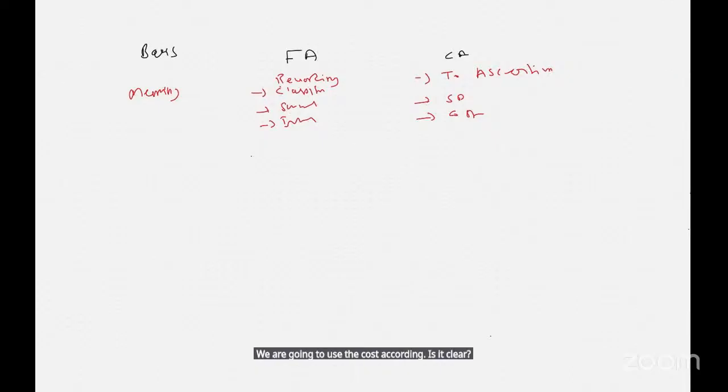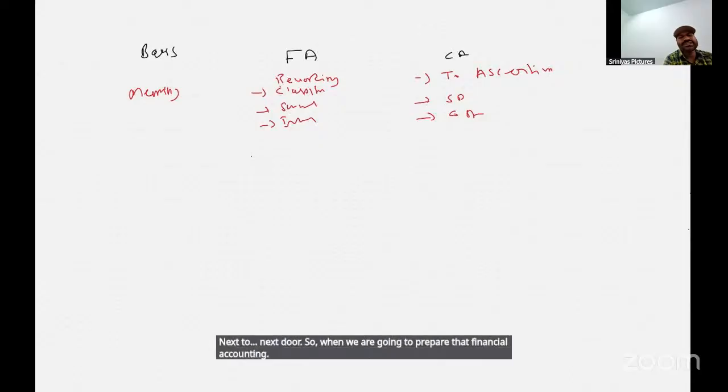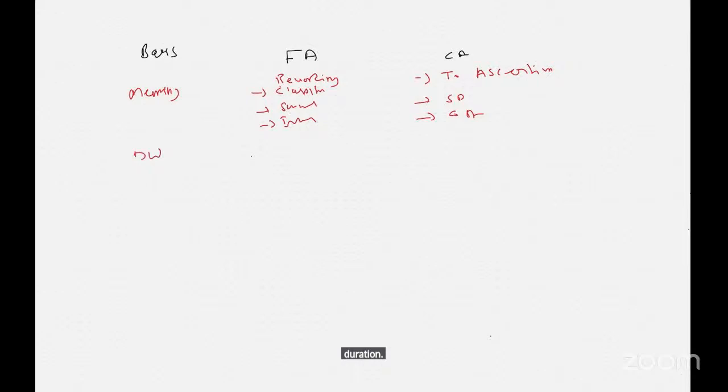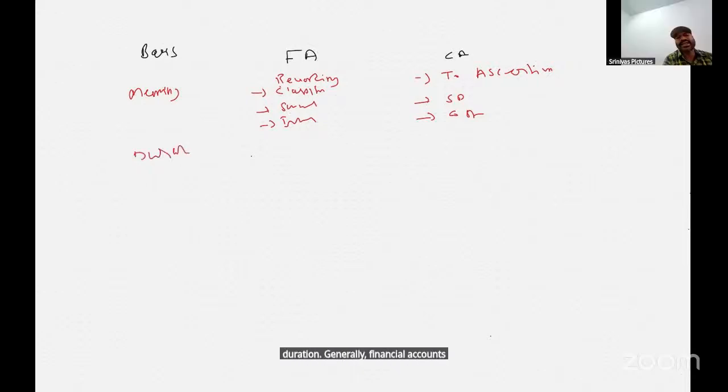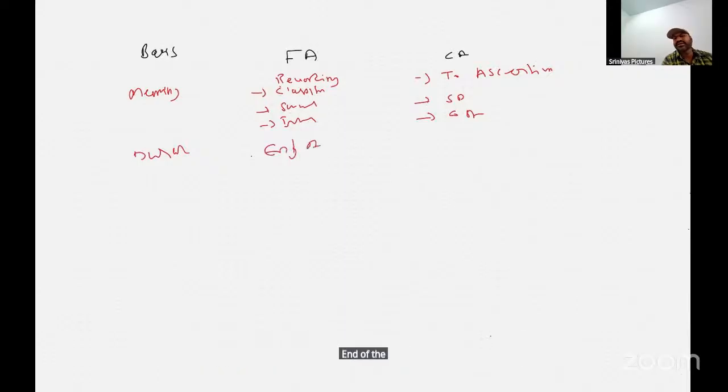Next, when are we going to prepare financial accounts? Generally, financial accounts we prepare at the end of the year. But cost accounting is prepared based on the manufacturing or service of the product.